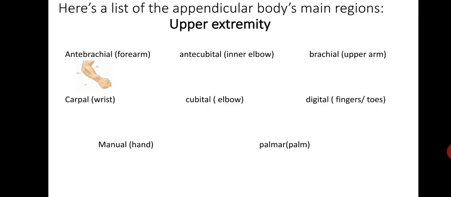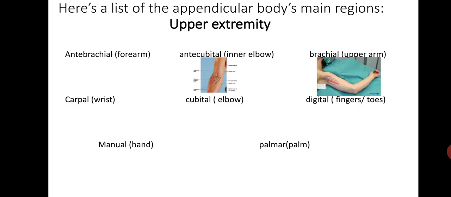Here is a list of the appendicular body main regions, such as your upper extremities, your arms. In that lies antebrachial, your forearm. Antecubital, the inner elbow. Brachial, your upper arm.